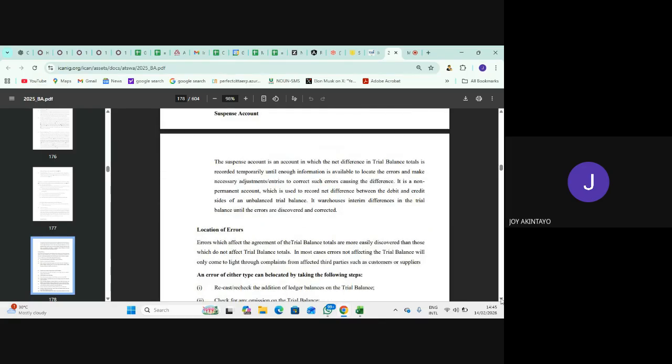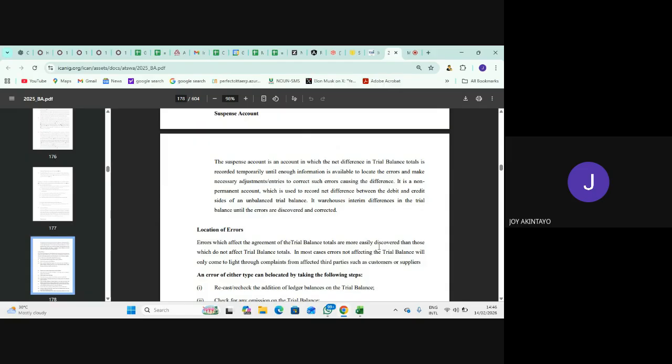So how do we locate our errors? Errors which affect the trial balance are more easily discovered than those which do not affect the trial balance. Like I said, you can easily locate errors that affect trial balance than the errors that do not affect trial balance.